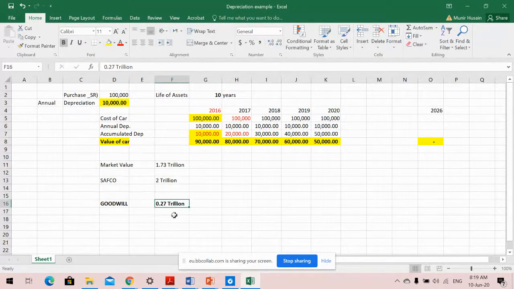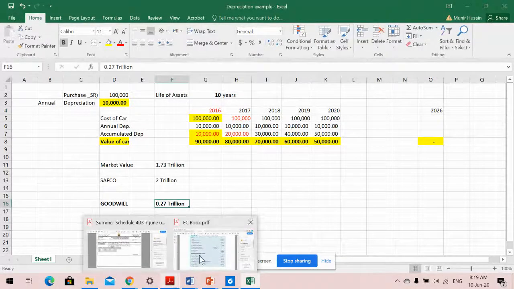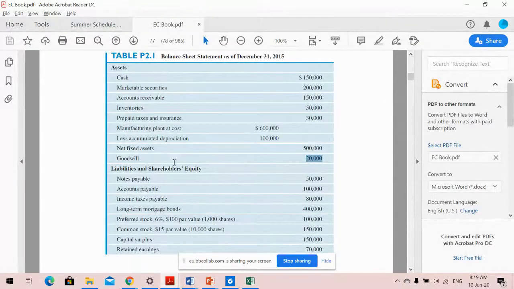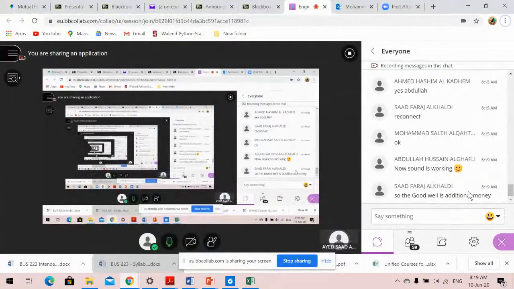They tell us that since they purchased Aramco for 2 trillion by paying extra, this was the goodwill, and they will show it in their balance sheet. So that's why here you have goodwill for this example company. Goodwill is part of non-current assets. It's not part of current assets. Is it clear what goodwill is? Yes.